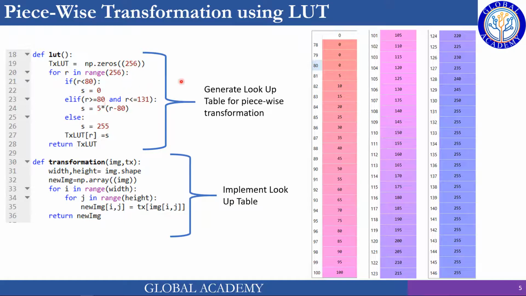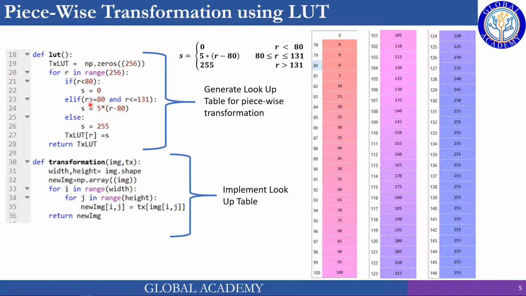Just to implement a structure, this piecewise linear function which we calculated earlier. So we are simply implementing this function in if-else statements. If the value is less than 80, like this one, save s equal to 0.